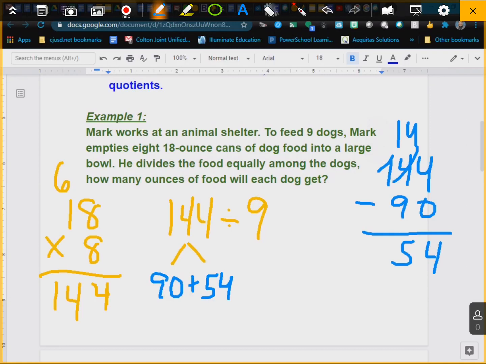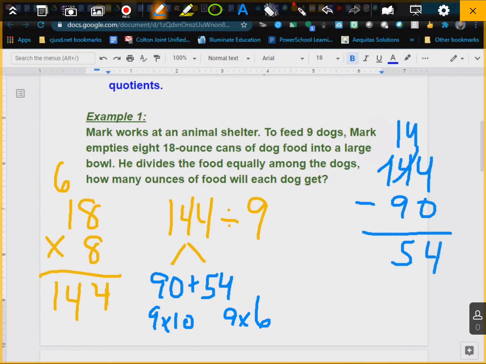Now I know I multiplied 9 times 10 to get 90. Right? So 90 is the same as 9 times 10, right? 54 is the same as 9 times 6.